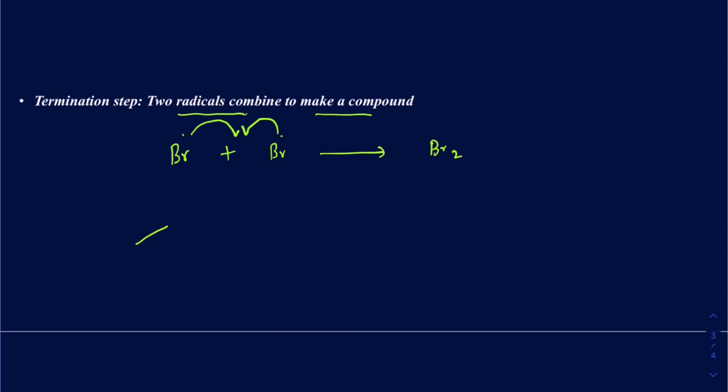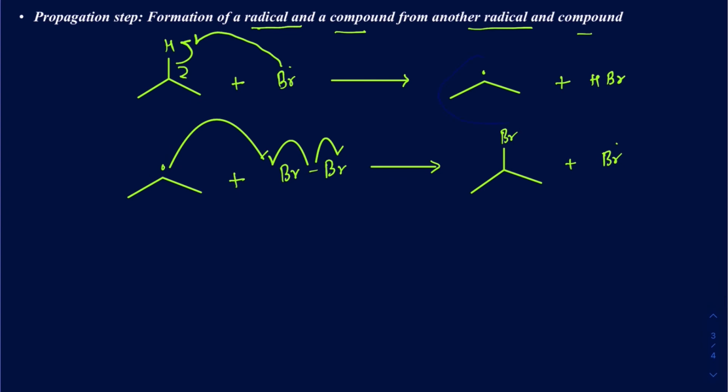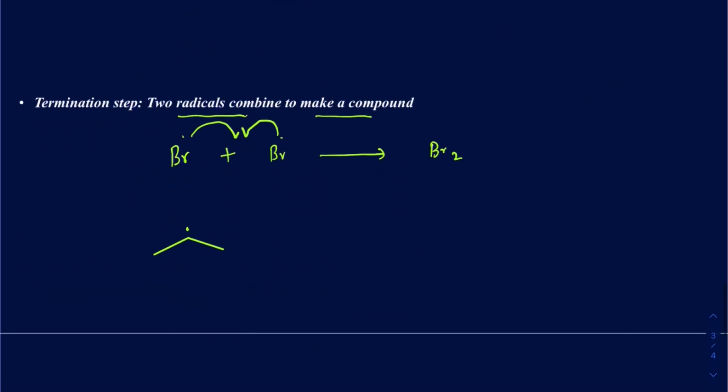Or, if I go back to the original reaction that we were doing earlier, let me go ahead and copy this down. If I have this radical, and suppose I get a bromine radical there, they could combine together. And when they combine together, they're going to be making a molecule now.